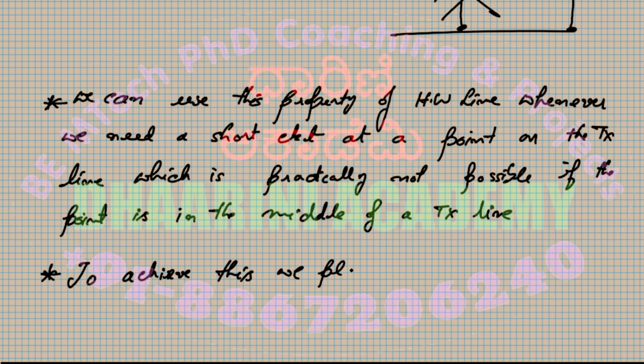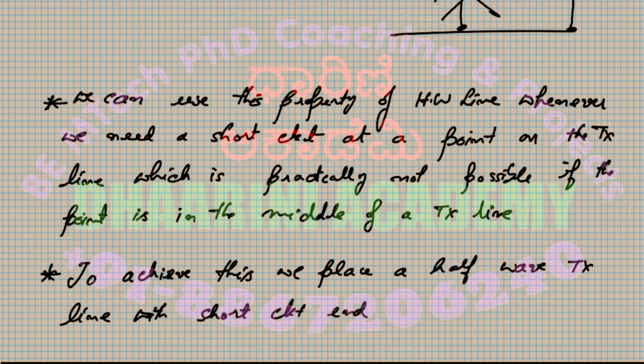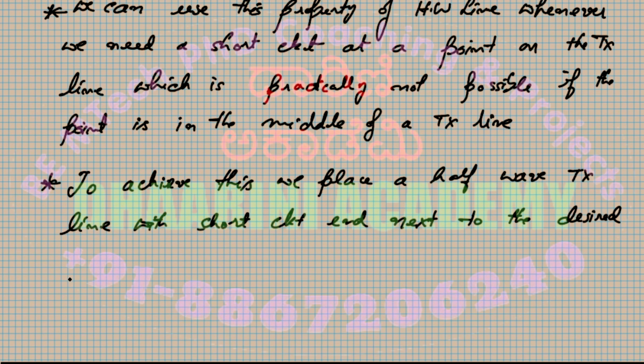We place a half wave transmission line with a short circuited end next to that desired point.